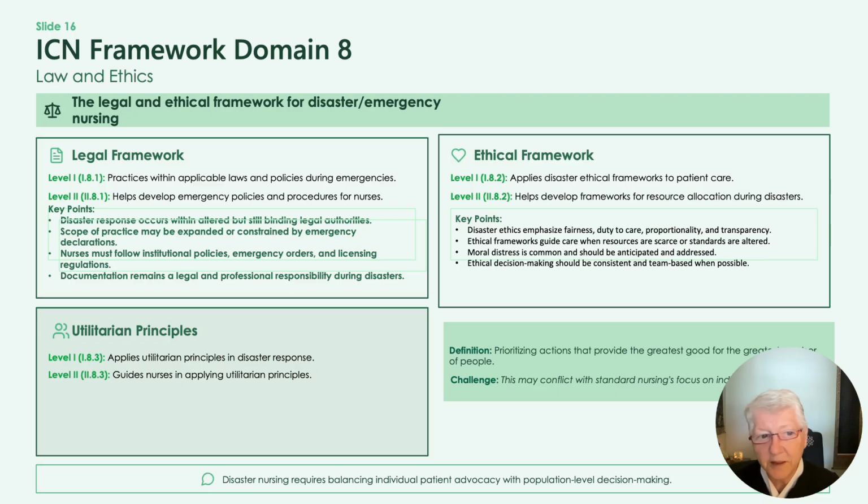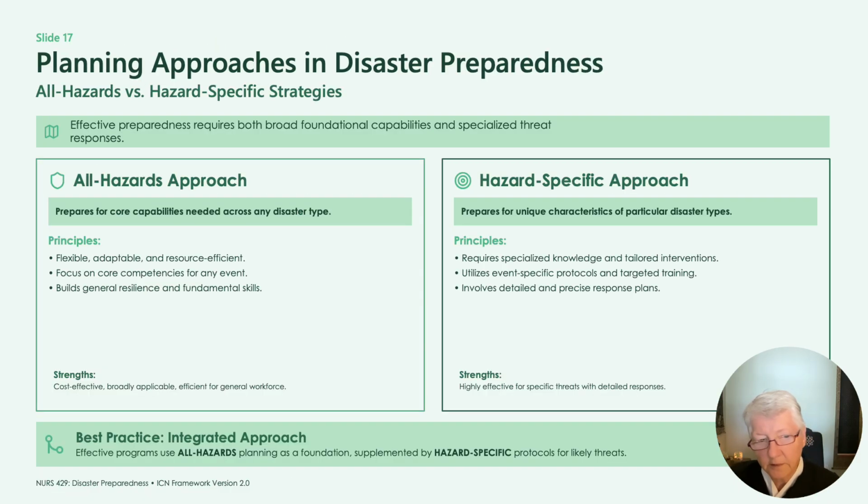It focuses on maximizing the population over the individual preference. It can guide triage, allocation of scarce resources, and withholding of care. It requires clear criteria and accountability to maintain the public trust. But enough for now.